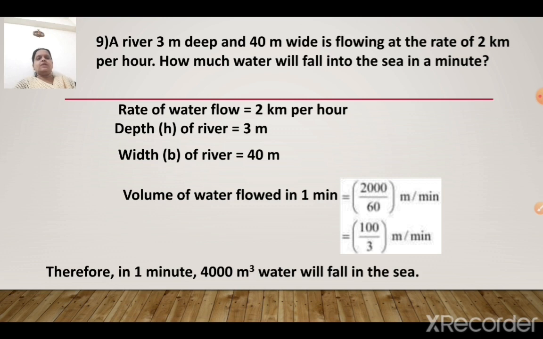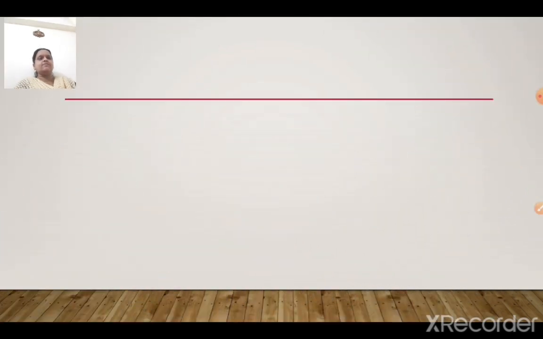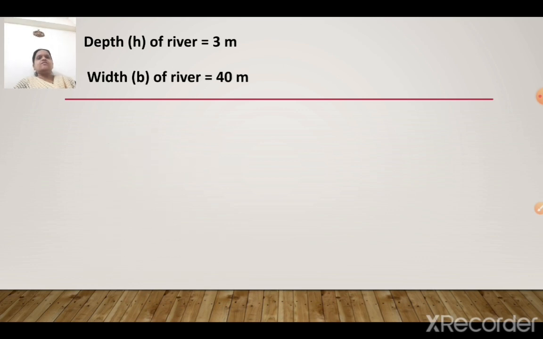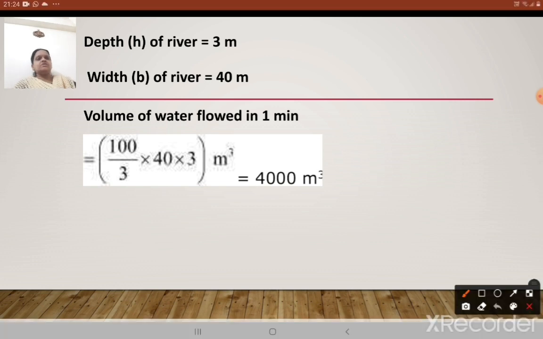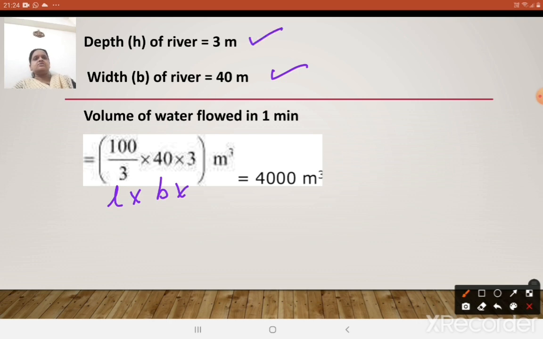Therefore, in 1 minute, what is the volume? 4,000 meter cube. So how will you get this answer? Let us see the next step. Depth h equals 3 meter, width equals 40 meter, volume in 1 minute is 4,000 meter cube. How did you get this? Because this 100 upon 3 will be the length value. Breadth is given as 40 and 3 is your height.